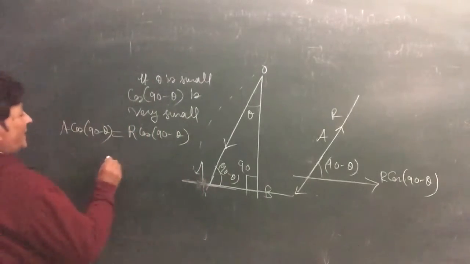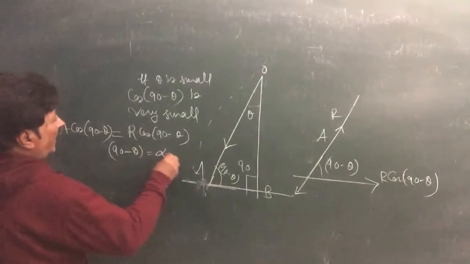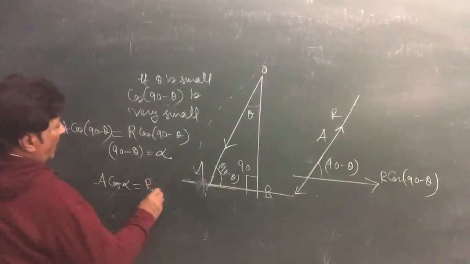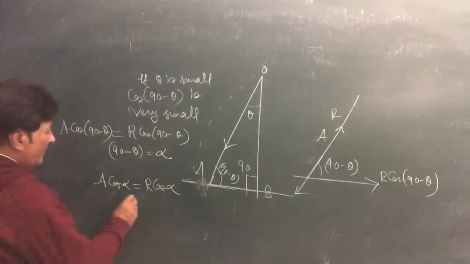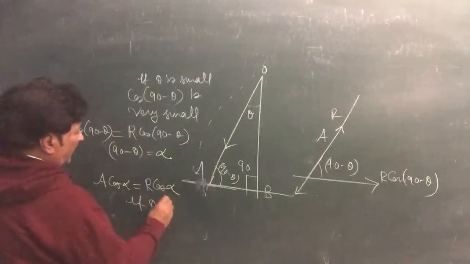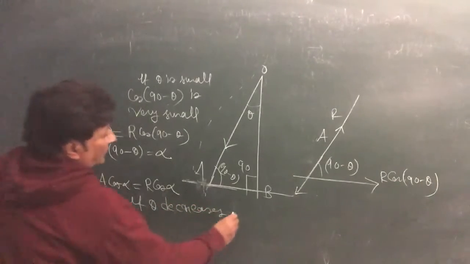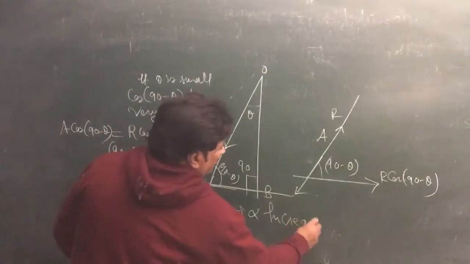You can say 90 minus theta is equal to alpha. So A cos alpha equal to R cos alpha. If theta decreases, this implies alpha increases.